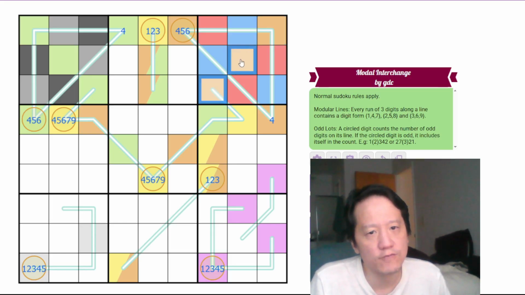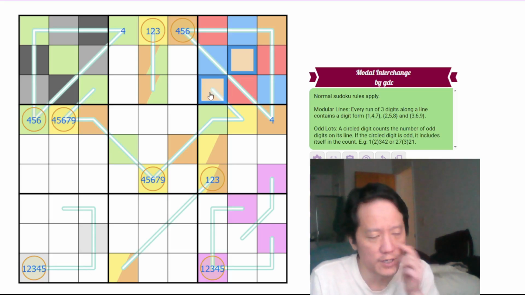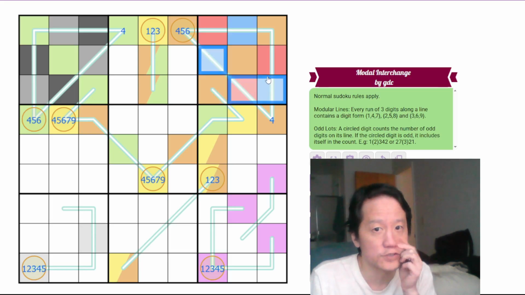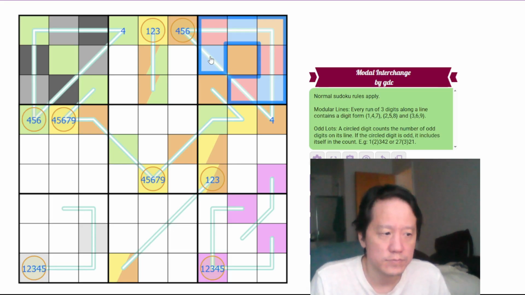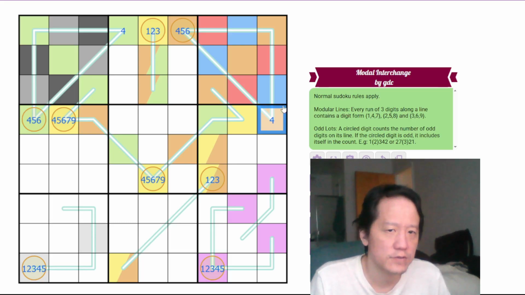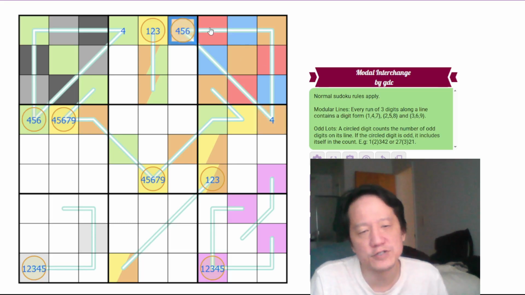So you can only have one odd digit here. So this is 4 at most, which would make this an even digit. So again, if this is 5, this is odd.